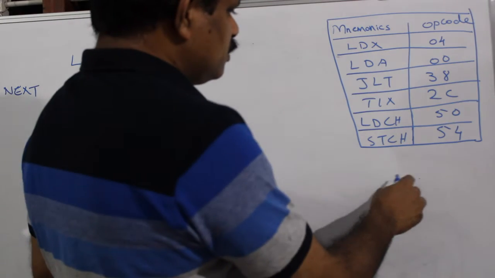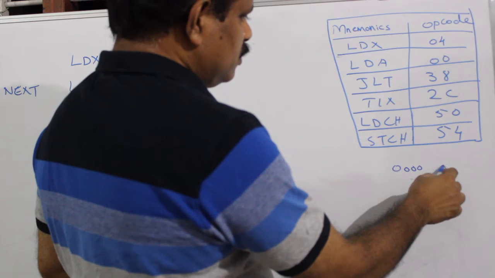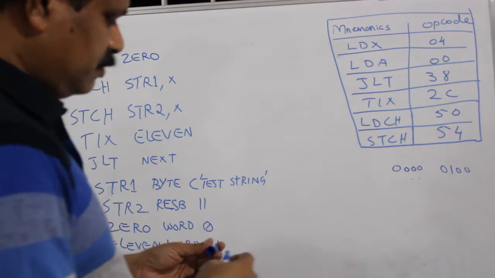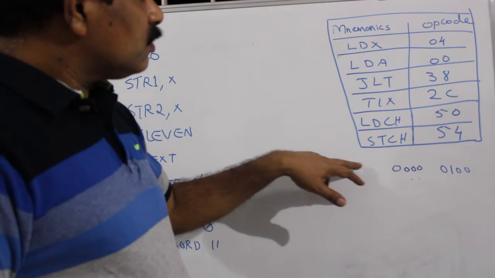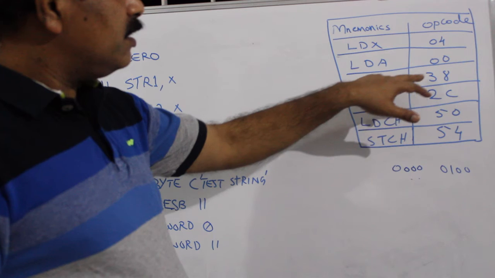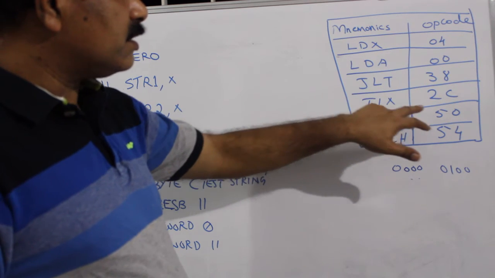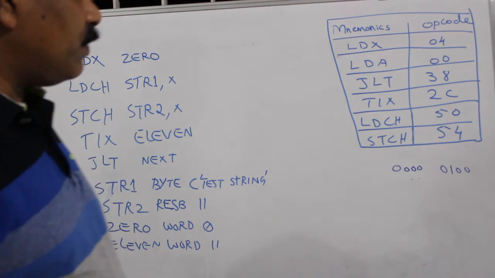It means 04 is represented as 0000 0100, 1 byte. Then LDA, its opcode is 00, JLT 38, TIX 2C, LDCH 50, STCH 54.